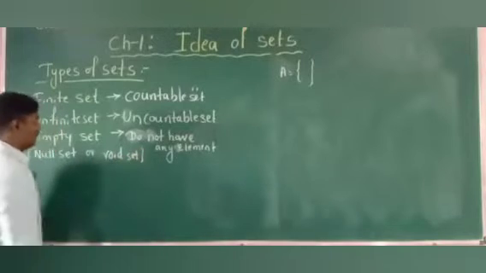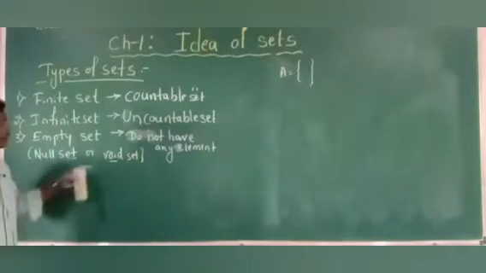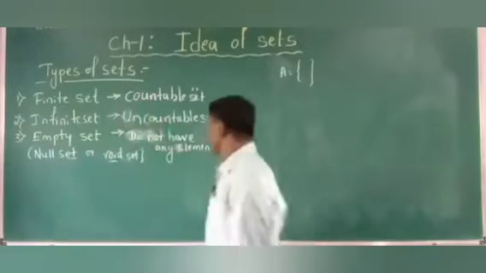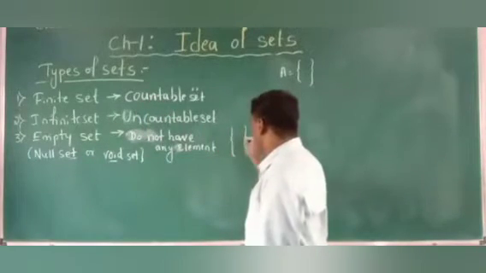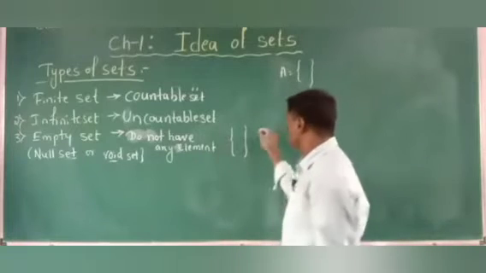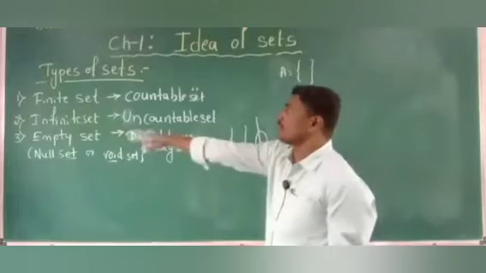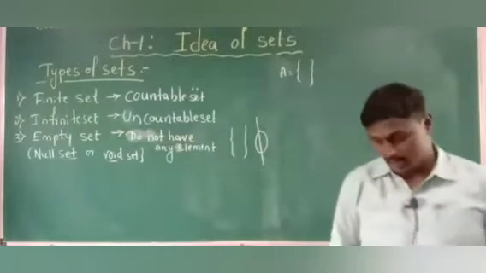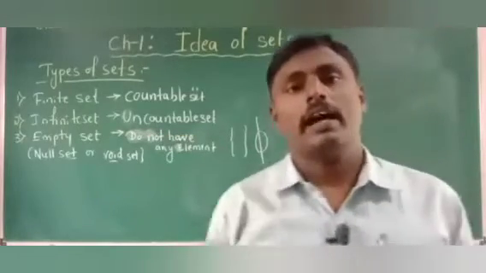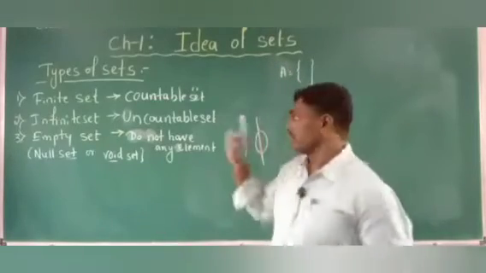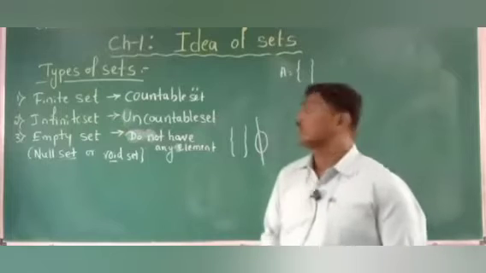So these two are the names referring to the empty set, and the empty set is represented with the symbol of empty braces or like this. These two symbols we are using to represent the empty set. So empty set means what? If a set has no elements, then that type of set is called an empty set.